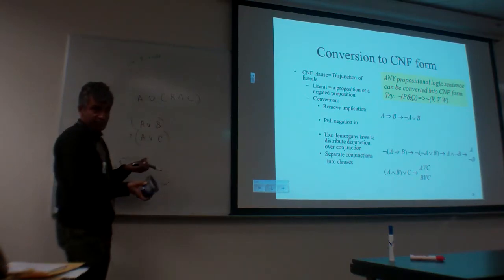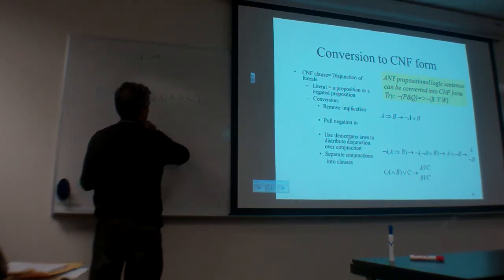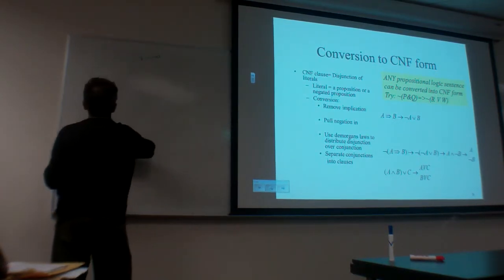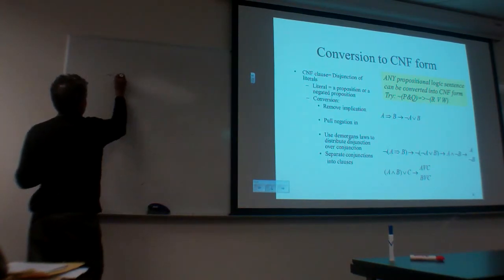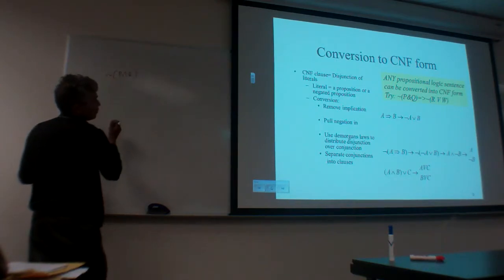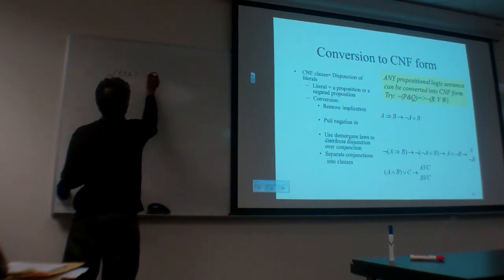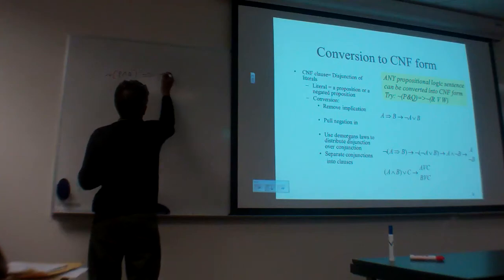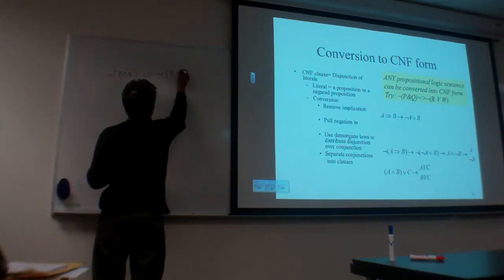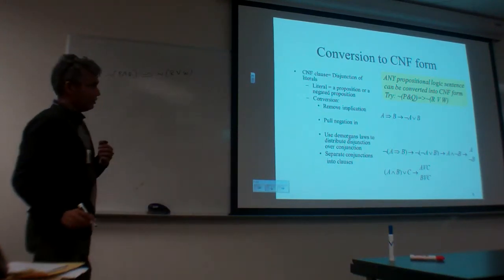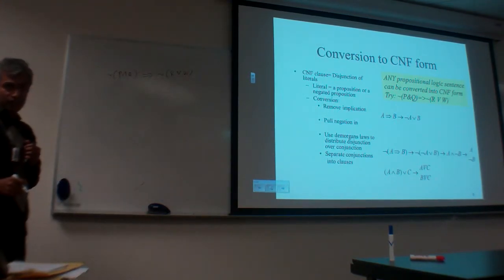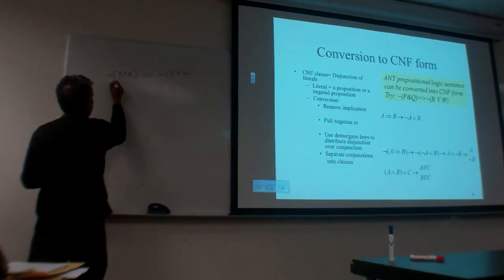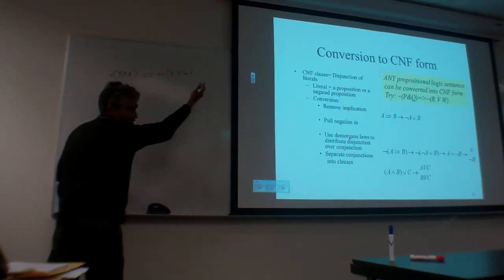We did a bunch of examples already, but let me do one example that's on the board to see how it works. I'm doing this: not of P and Q implies not R or W. My first step is getting rid of the implication sign, so not of this or this.